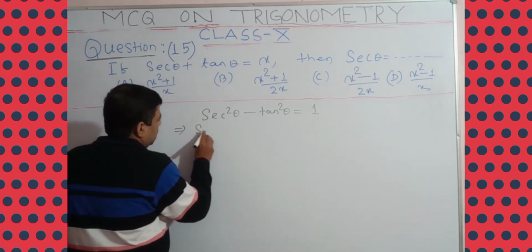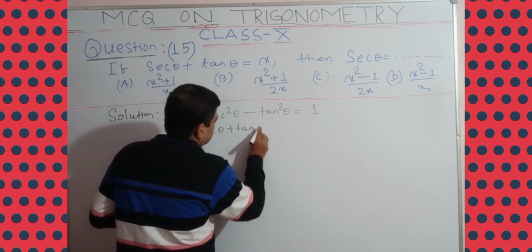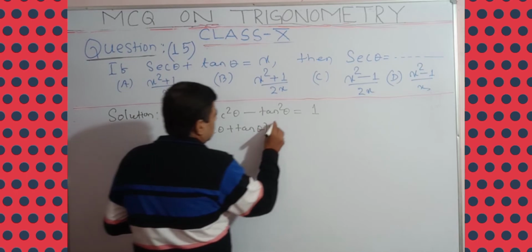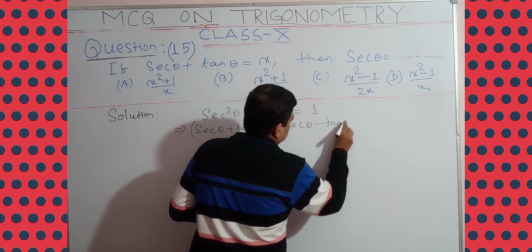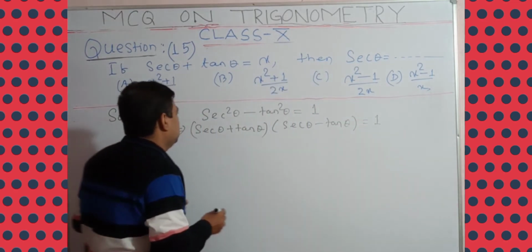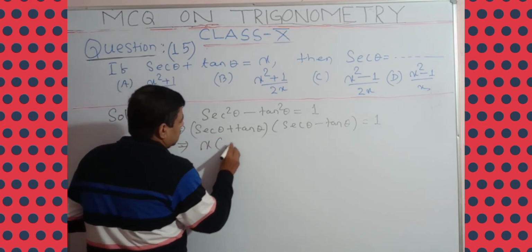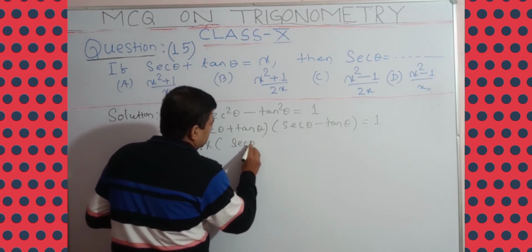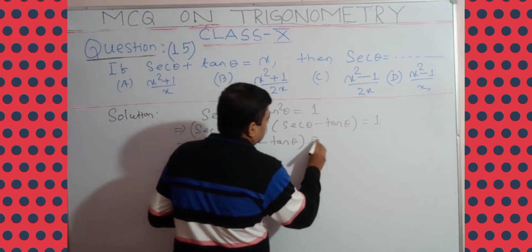So you can use the formula a plus b and a minus b: sec theta plus tan theta, whole into sec theta minus tan theta, is equal to 1. Understand or not? So here the value of sec theta plus tan theta is given as x, so x into sec theta minus tan theta is equal to 1.